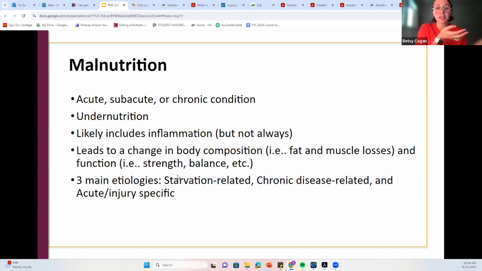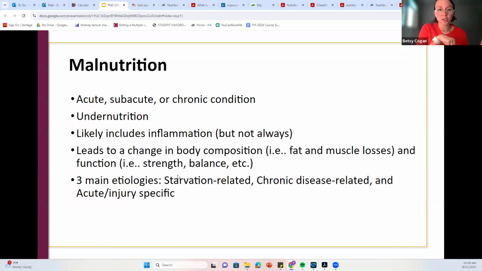With the screenings, we look at biochemical data, so inflammation could be a signal of malnutrition. We can look at changes in body composition and mobility. That was in that screening tool, but we can also screen for some of those things with our nutrition-focused physical exam.